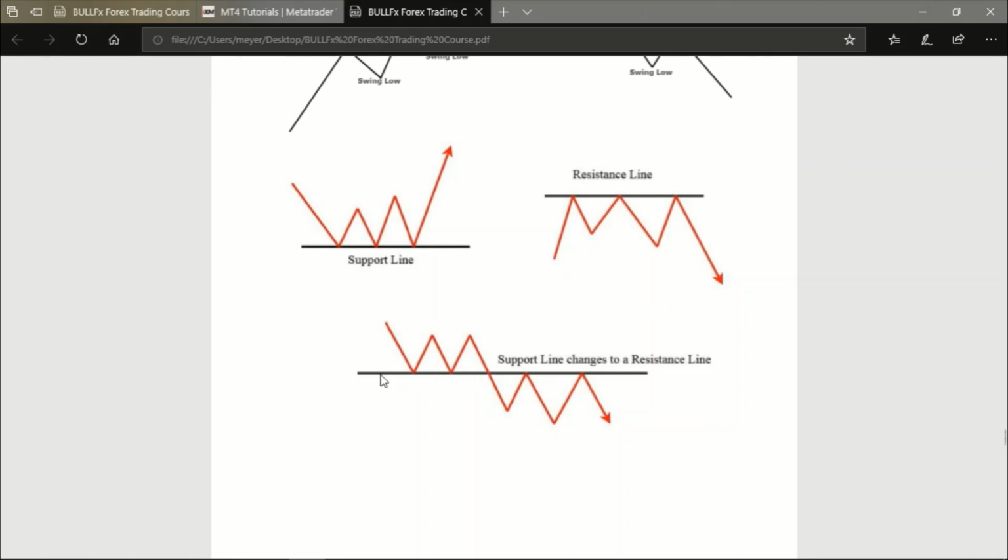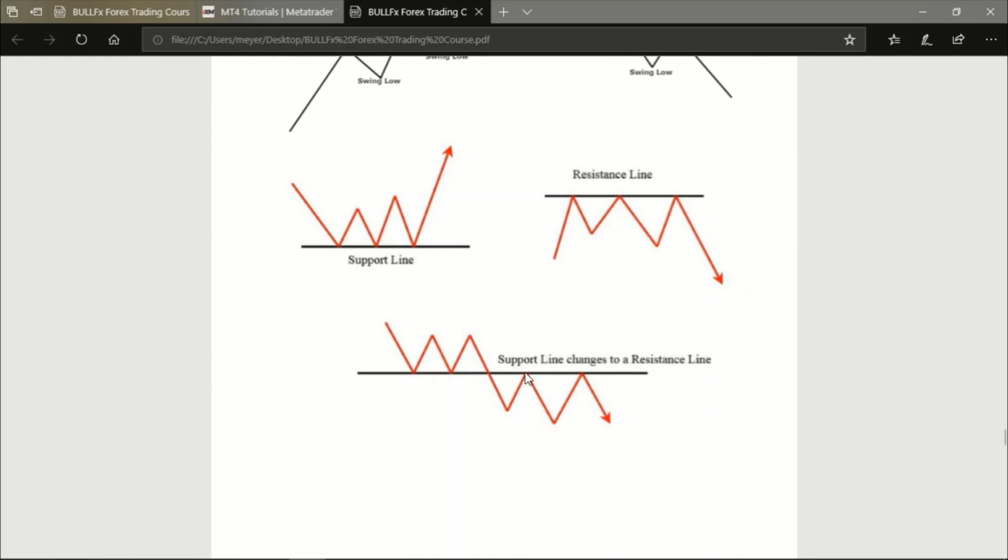Over here, we've got a support line where the market comes down to hit the support twice. The market moves up, and when it comes down to hit the support on the third time, the market, however, does break through the support line. Right? The market then bounces back up to retest the support line to see if it can re-enter this zone.